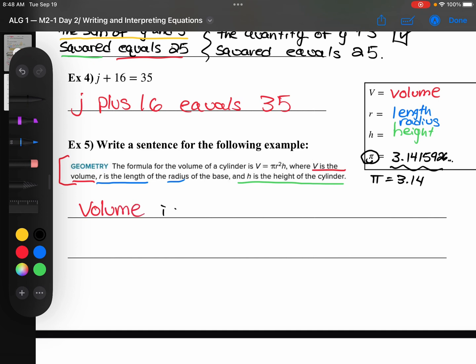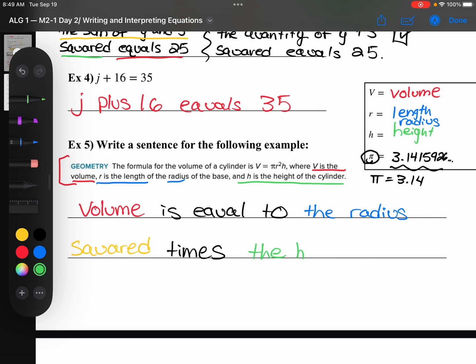Volume is equal to, R is the radius, so we're going to say the radius, and then we have squared, and then times the height, okay, so that would be your answer for that one, but I did forget something.